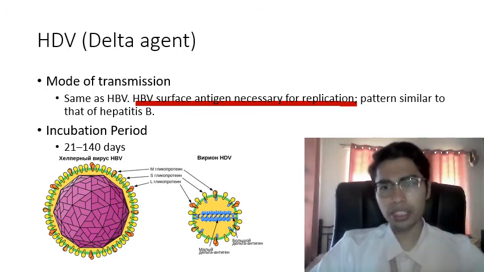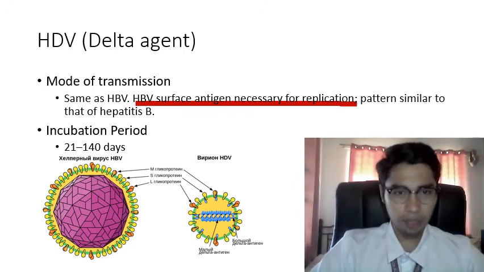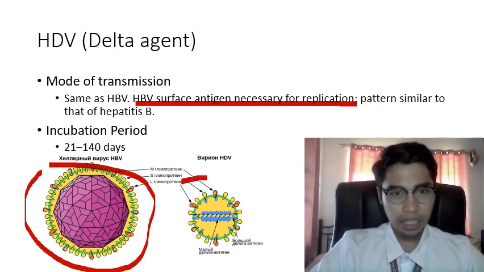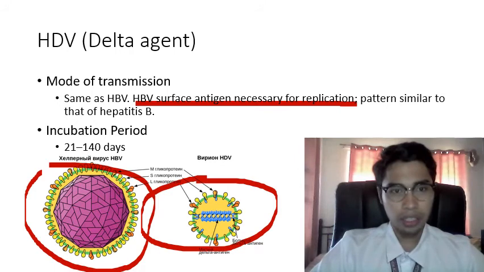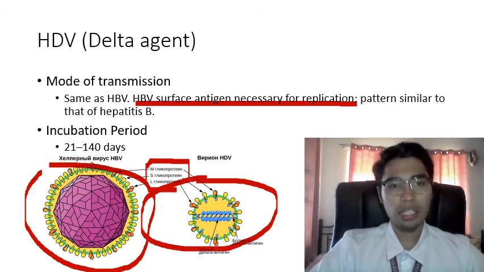Now the pattern is obviously similar to that of hepatitis B. This is hepatitis B and this is HDV. They have the same antigen that they use for hijacking liver cells for further replication.